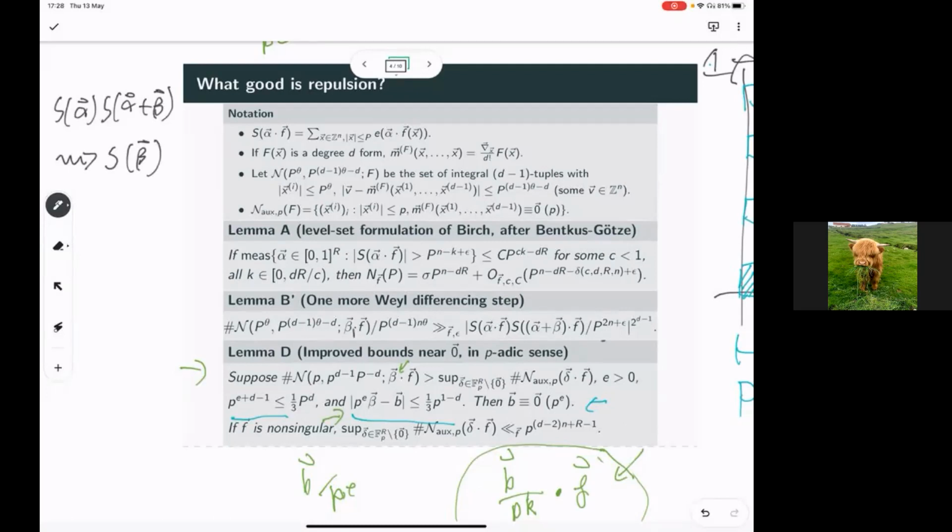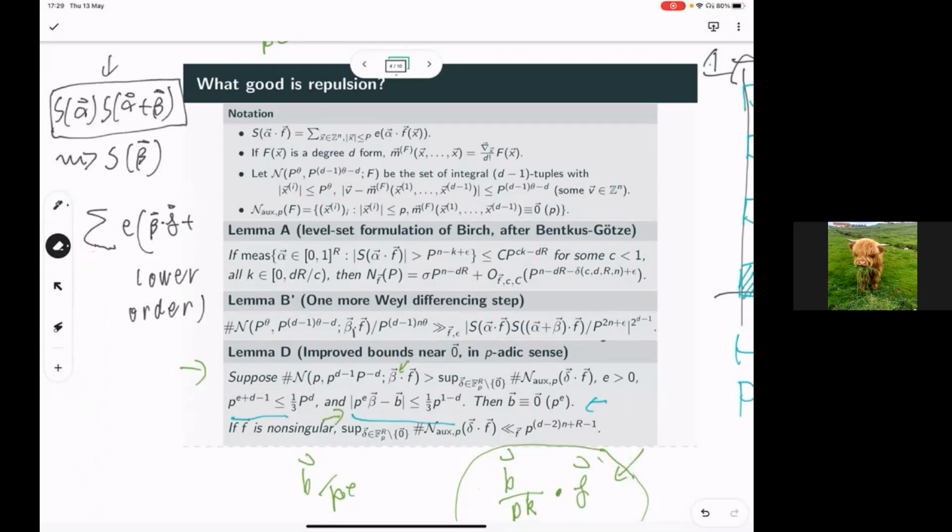So what one gets is, by a Weyl differencing process, one rewrites this product of exponential sums as an exponential sum like this, where the leading term, so the term of highest degree, is beta dot F. So really what one does is go from this to a sum of exponential sums that look like this.